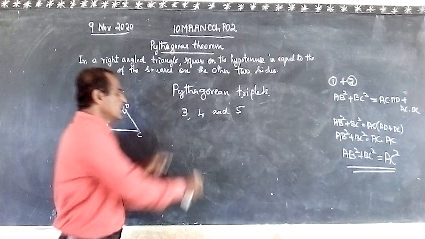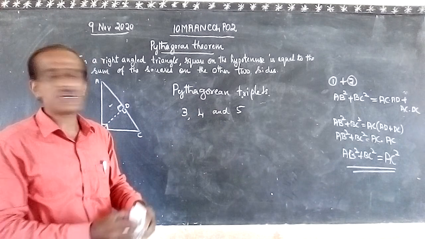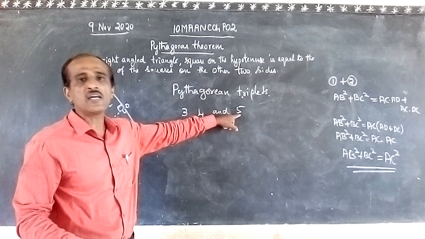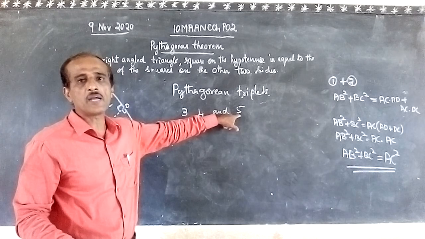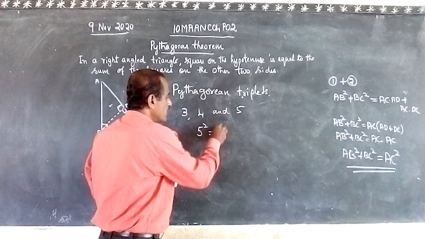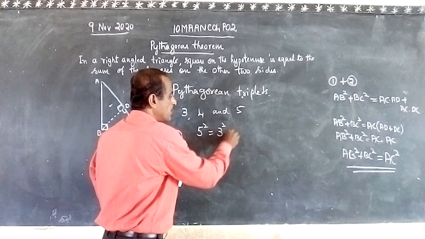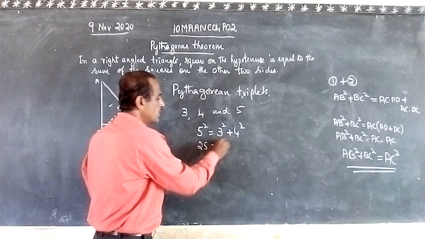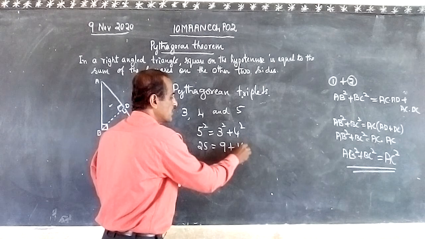Therefore, if three numbers like this are given, 5 is the biggest number, so we can consider this as the measurement of the hypotenuse. So hypotenuse square is equal to the sum of the squares on the other two sides, 3 square plus 4 square. Is it correct to say? 5 square is 25, 3 square is 9, plus 4 square is 16.